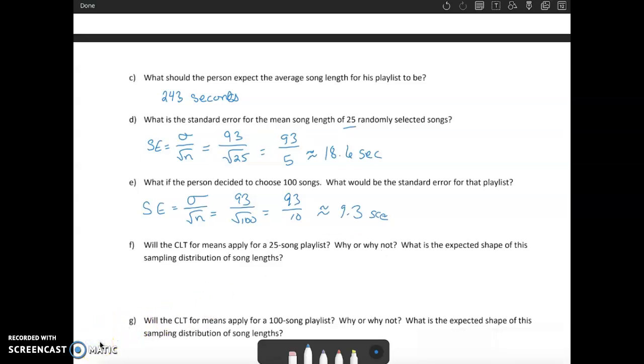What we can see here is exactly what we should have expected from prior knowledge, which is that as we take larger samples, that standard error is getting smaller and we're able to be more precise in our answers.